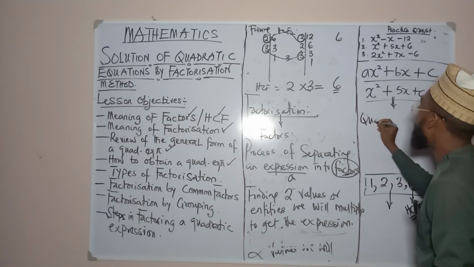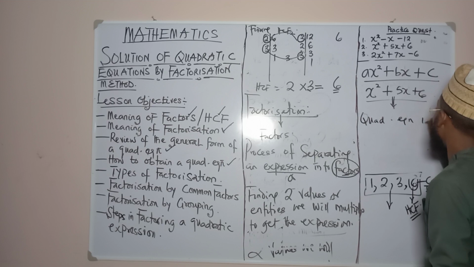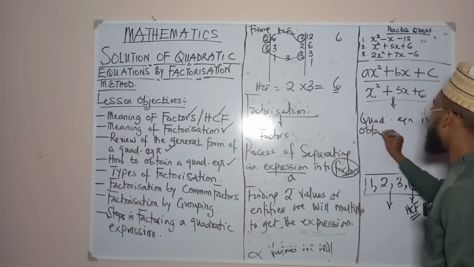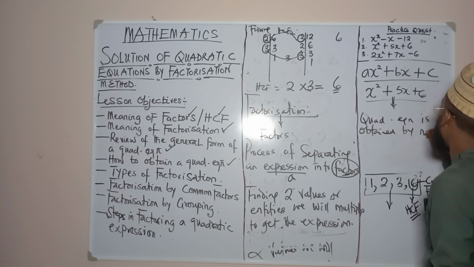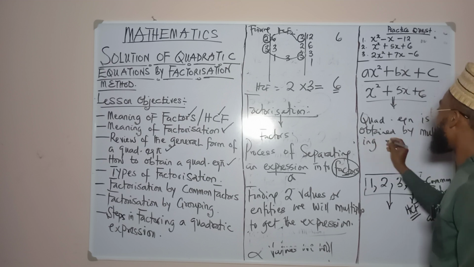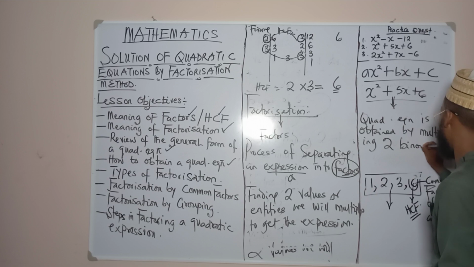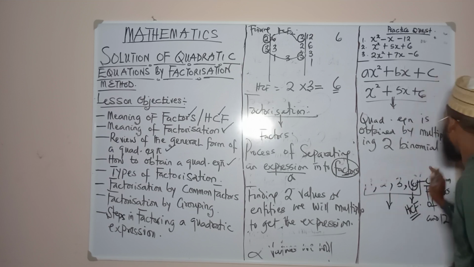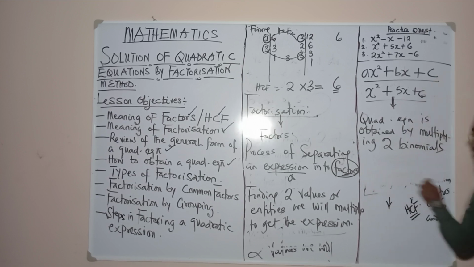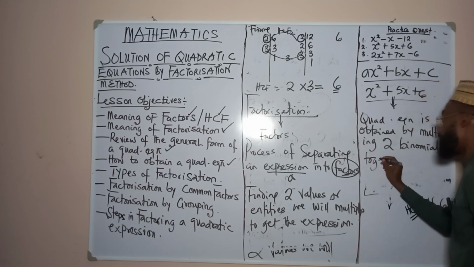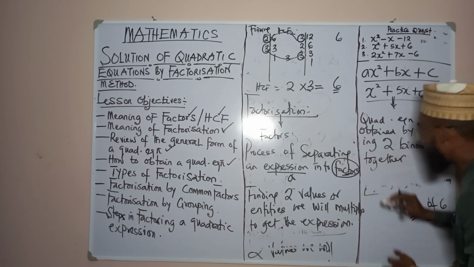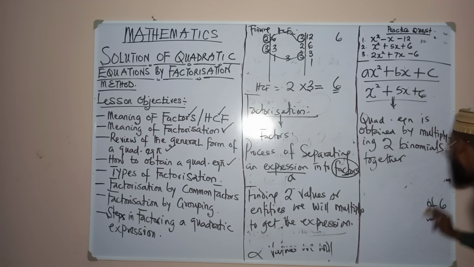A quadratic equation is obtained by multiplying two binomials together. Please take note of this. Now, in our previous videos, I had explained what a binomial is.